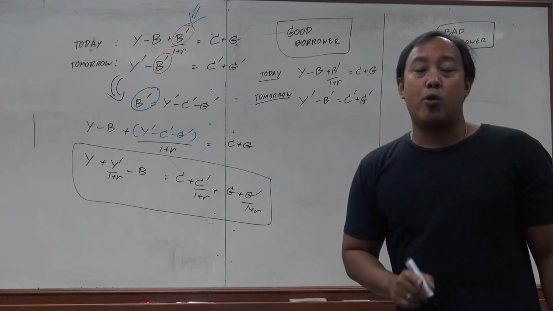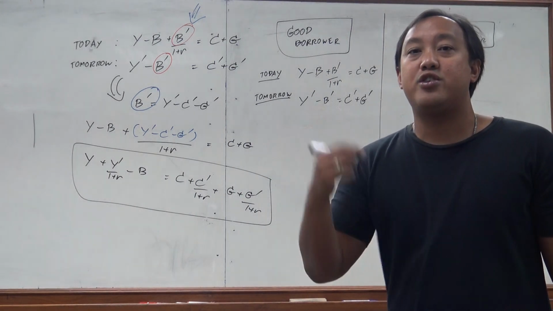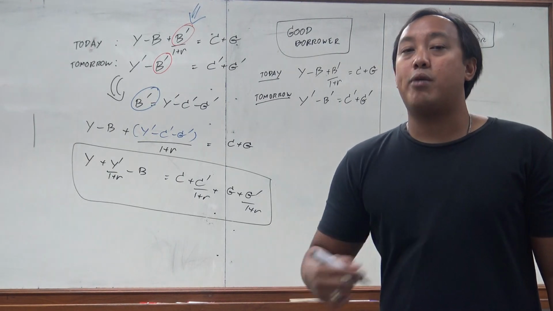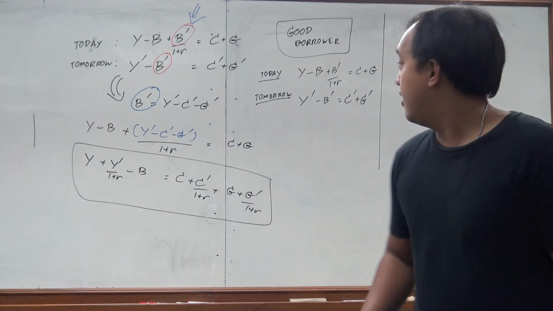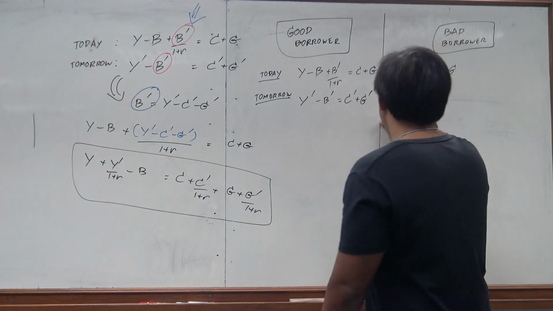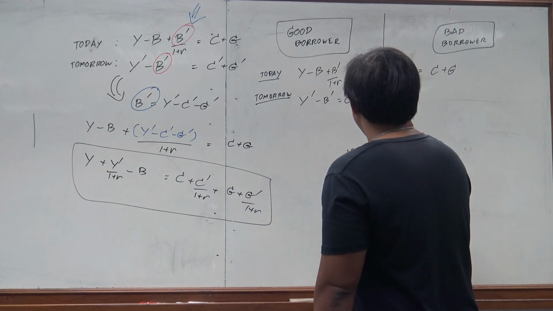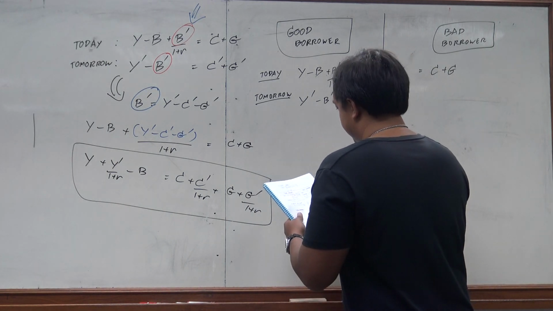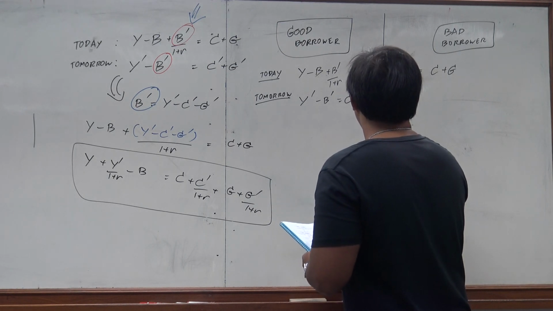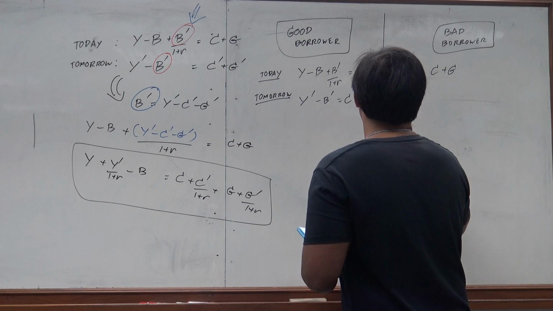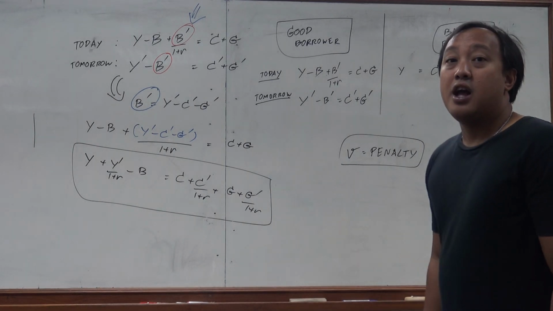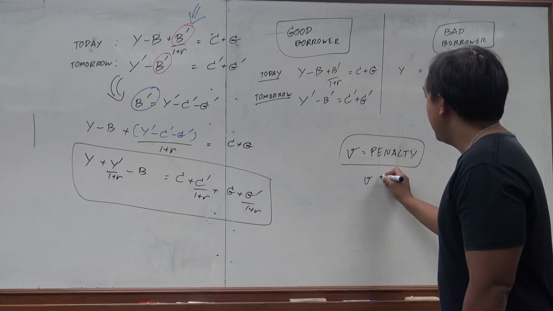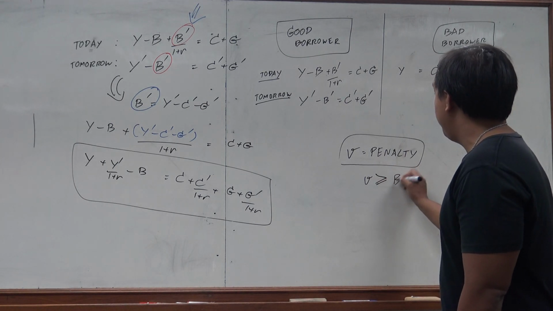Since you are a bad borrower, you don't pay back your debt on time, you cannot borrow more. Not only that, they're gonna charge you some penalty. Let's assume that V is a penalty. Normally, penalty is greater or equal than B prime.